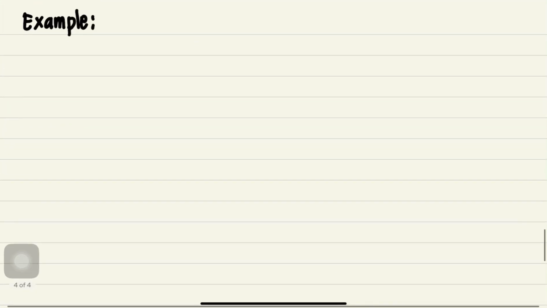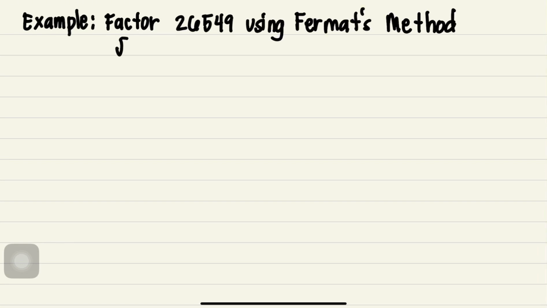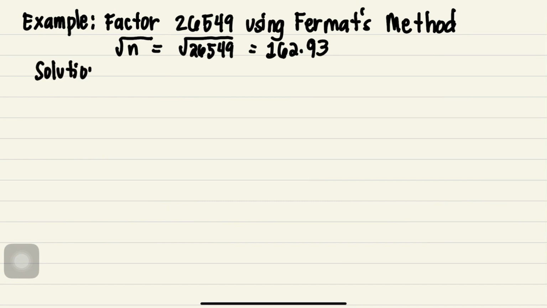Let's take another example. Factor 26,549 using Fermat's method. First, we take the square root of n. So the square root of 26,549 equals 162.93. So we find that 162 squared is less than 26,549, which is less than 163 squared.